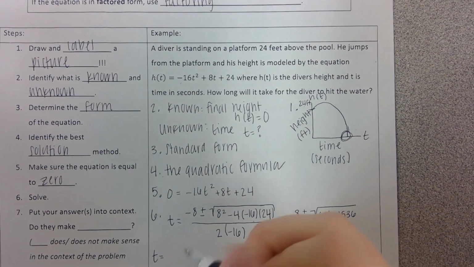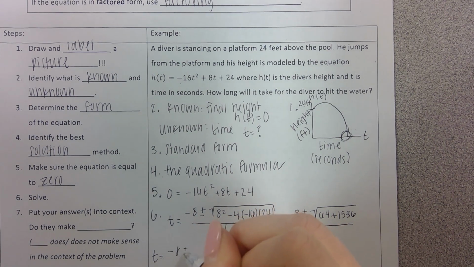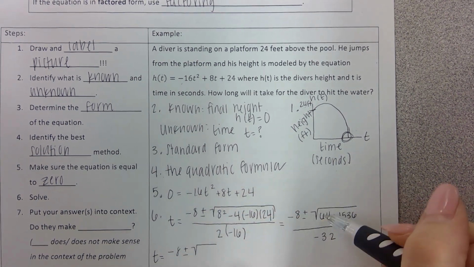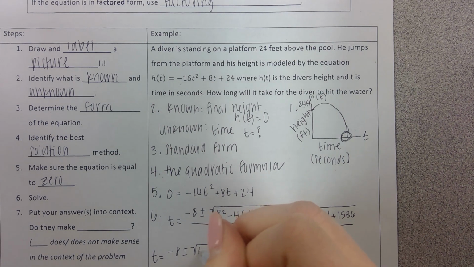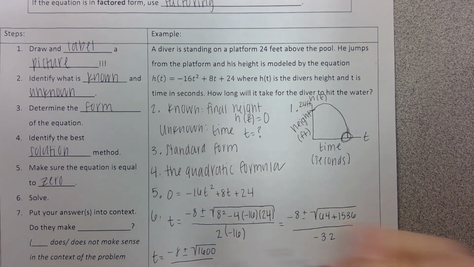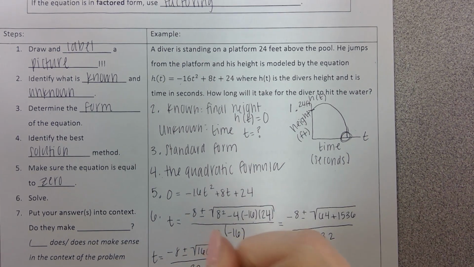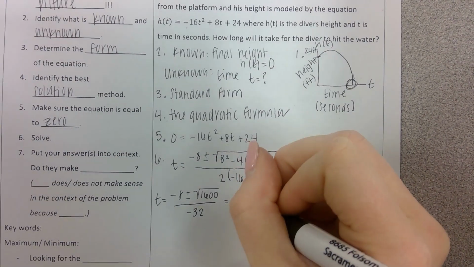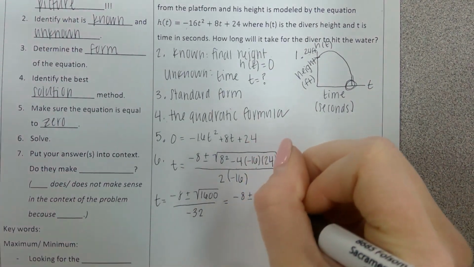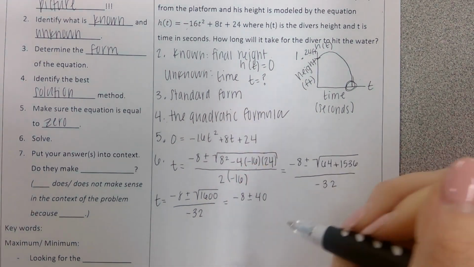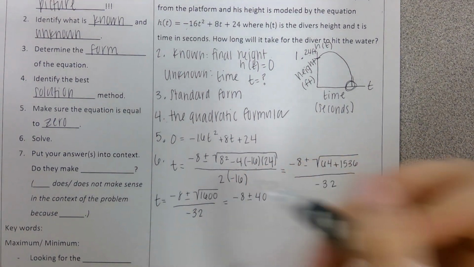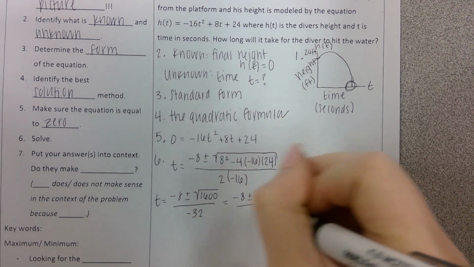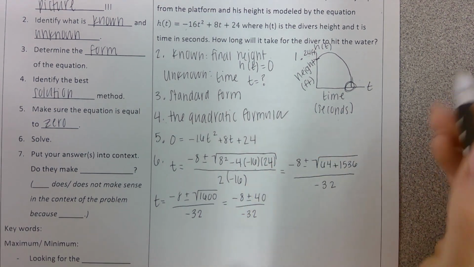So let's come down here and continue simplifying. Negative 8 plus or minus the square root. When I add these up, it gives me 1,600 over negative 32. If I just keep typing this into my calculator and simplifying, negative 8 plus or minus, this is going to give me 40. When I take the square root of 1,600, it gives me 40 over negative 32.